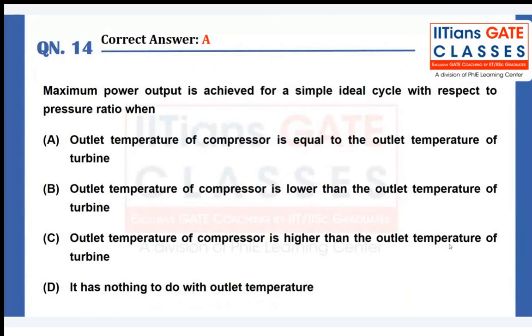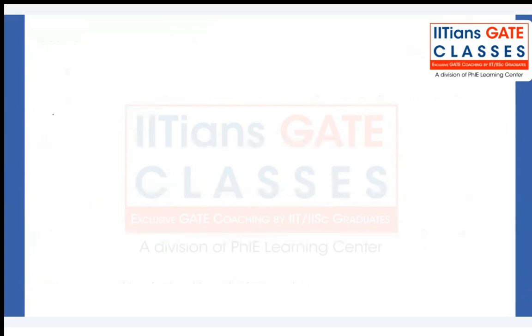So for the first problem, it said that maximum power output is achieved for a simple ideal cycle with respect to pressure ratio when... we know the condition for the maximum work output or power output with respect to the pressure ratio and the temperature ratio, where T is the T max by T min, and that is T03 by T01.